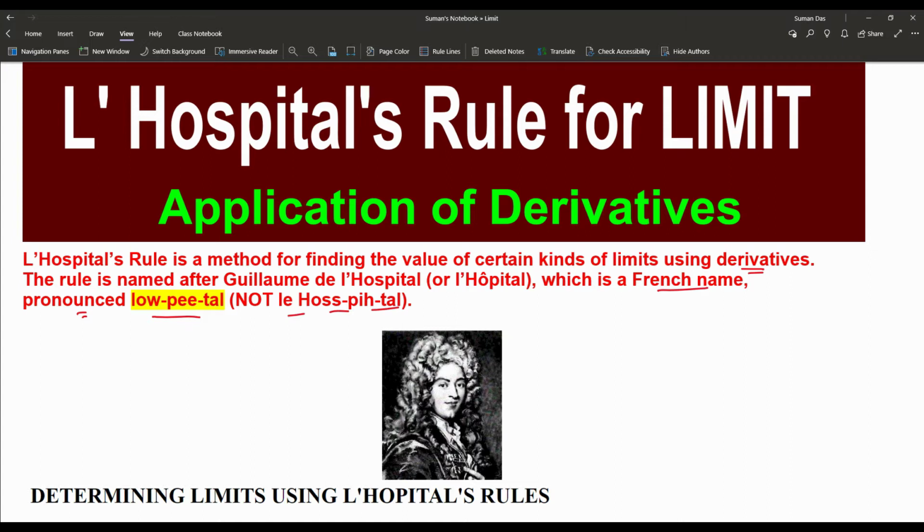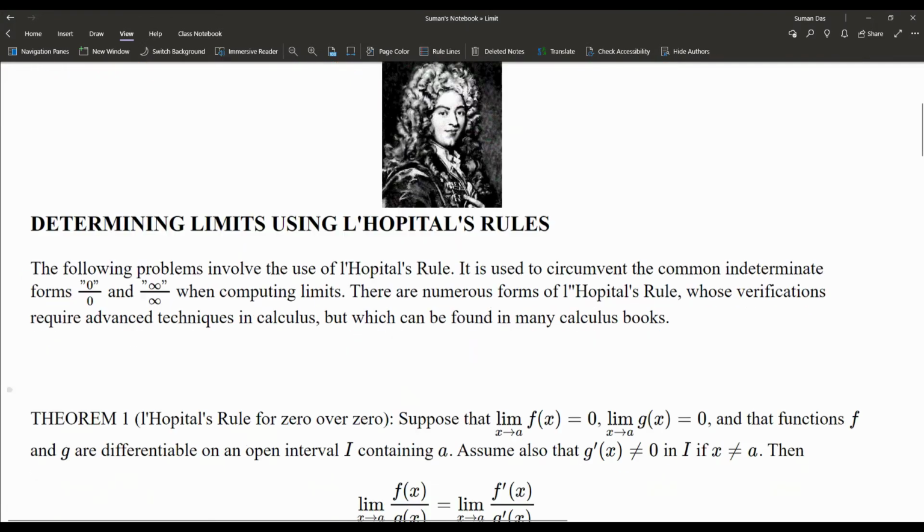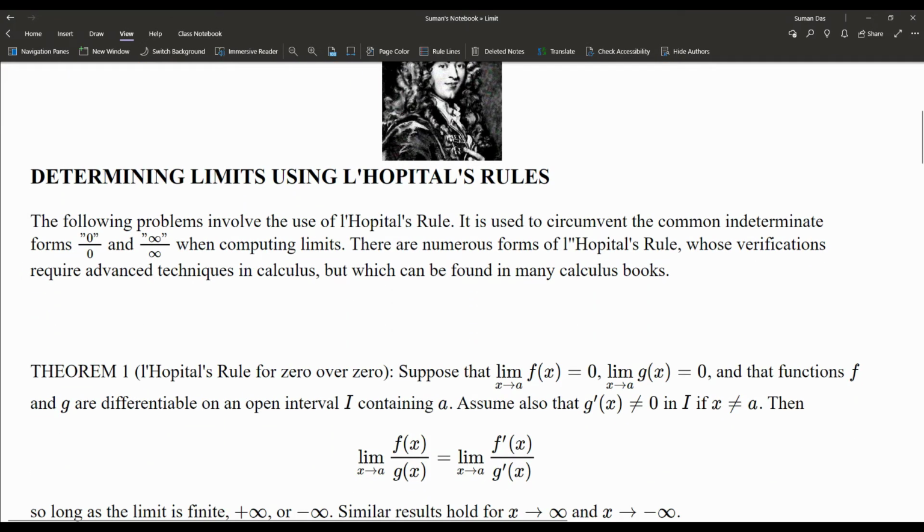Now, where and how should we use L'Hopital's rule for determining limits? The following problems involve the use of L'Hopital's rule. It is used to circumvent the common indeterminate form 0 by 0.